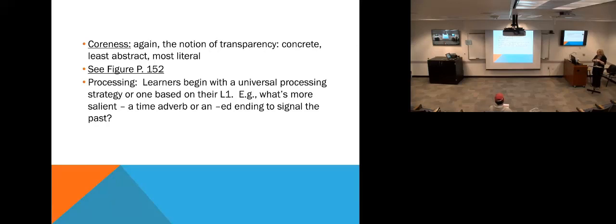So coreness means what seems to be the most concrete, most literal way that this can be interpreted, right? Coreness says, if I have a language feature, like for example, a tense, then what's the most literal way in which this tense can be interpreted, right?